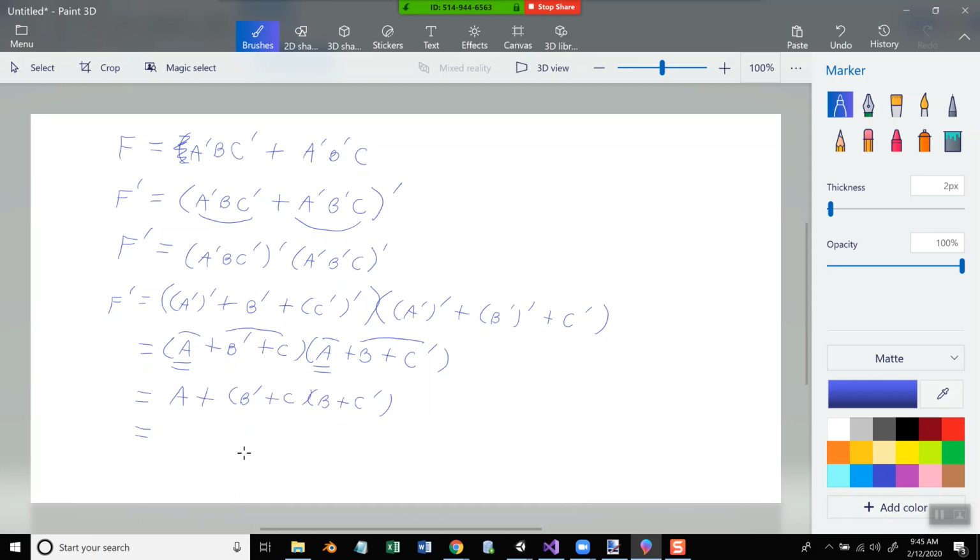And although I've never discovered it in the properties, it's there somewhere, I'm sure, you can FOIL this. So b prime times b, so I got b prime b. B prime times c prime. C times b, or bc if I put it out of order, because it is commutative, you can flip them. And c times c prime.